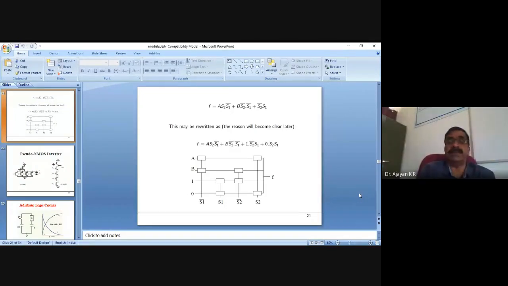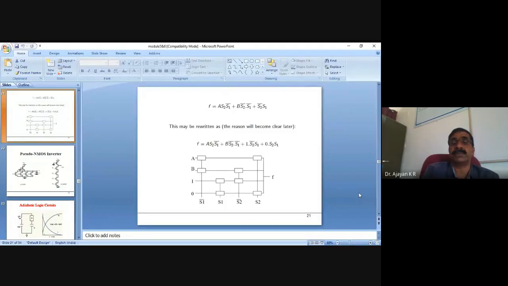In this case, we take S1, S2 as the control and A, B as the input. So the first term is A, S2, S1 bar. We are taking A, driven by S1 bar and driven by S2.